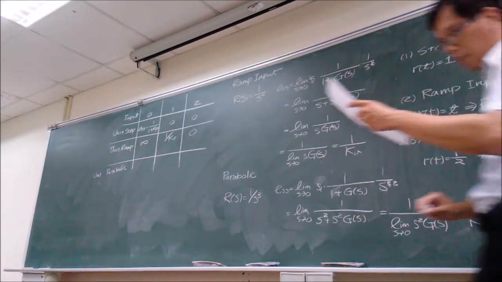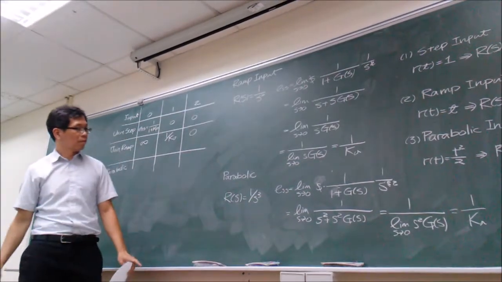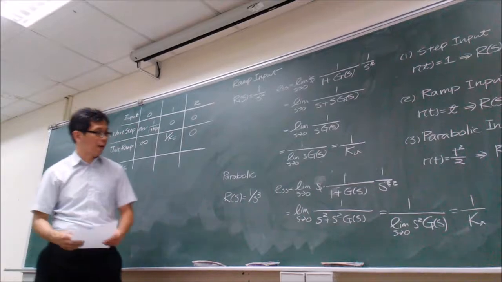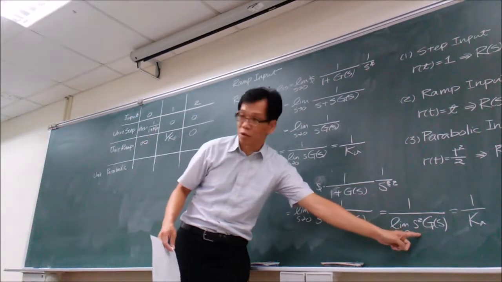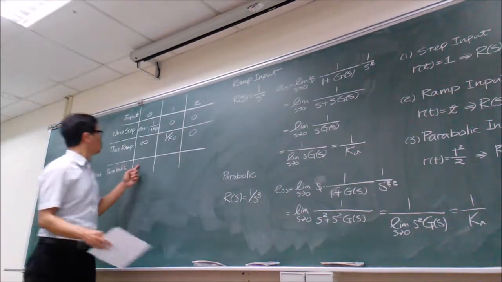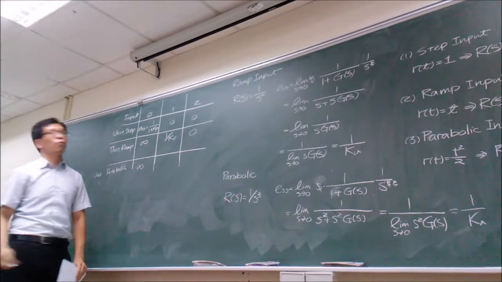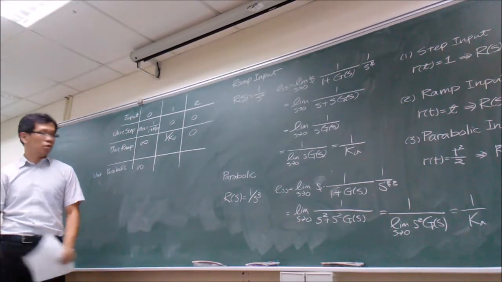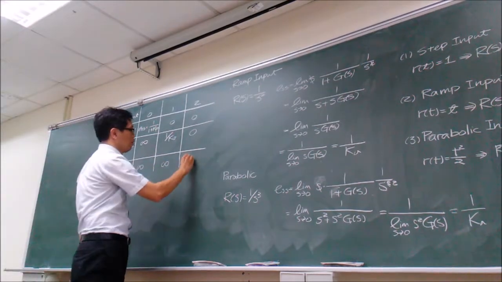Now the question is, if I have type 0, which means I cannot cancel out this one at all, what is my error? Infinite. If I only have one integrator, still infinite. If I have two integrators, 1 over K.